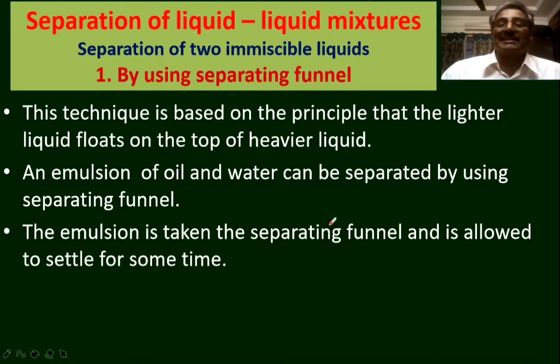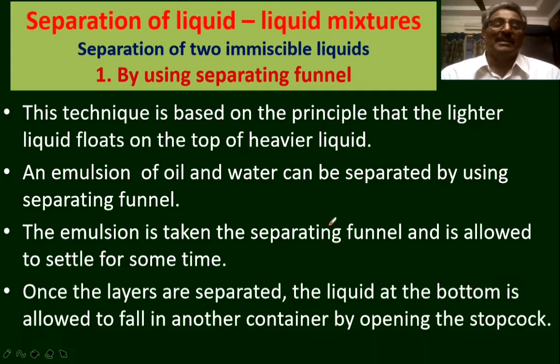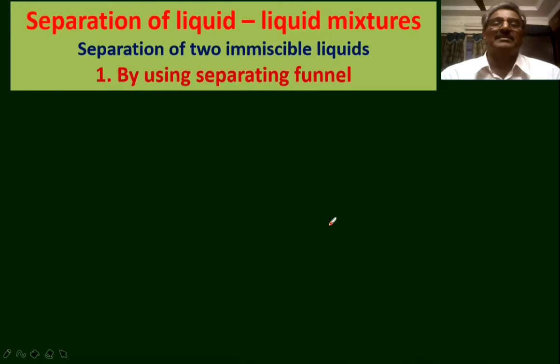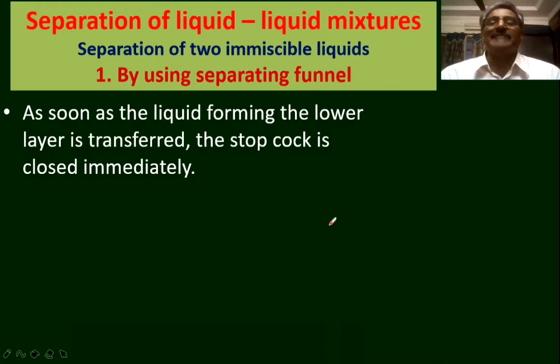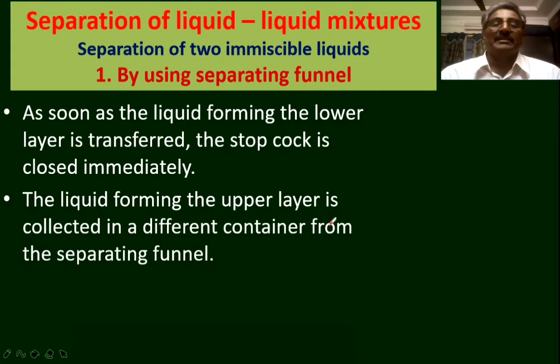The emulsion is taken in a separating funnel and is allowed to settle for some time. Once the layers are separated, the liquid at the bottom is allowed to fall in another container by opening the stopcock. As soon as the liquid forming the lower layer is transferred, the stopcock is closed immediately. The liquid forming the upper layer is collected in a different container from the separating funnel.